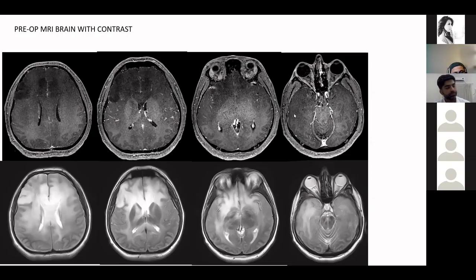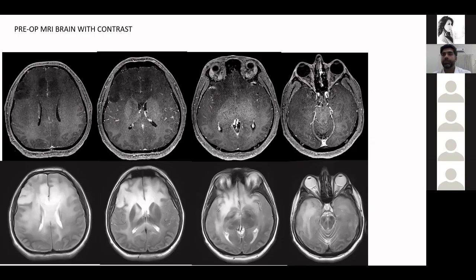Here we can see a diffusely infiltrative, hyperintense lesion involving predominantly the corpus callosum, extending in the periphery into the subcortical white matter as well as involving the cortex. Posteriorly, it is extending into the corona radiata and involving the frontoparietal lobe, and if we go inferiorly, it is involving the temporal lobes as well. It is very ill-defined, and we cannot draw a line. It is not very well demarcated.